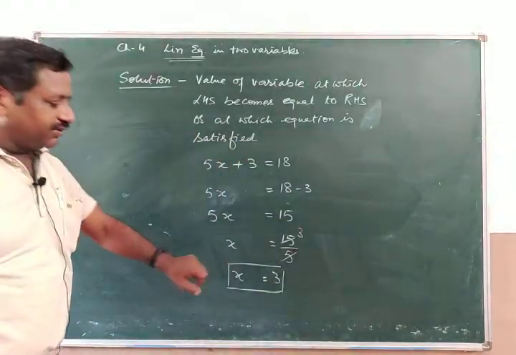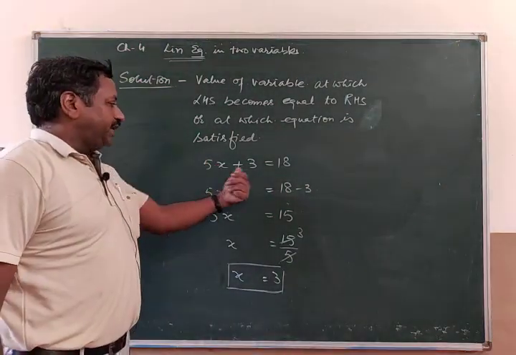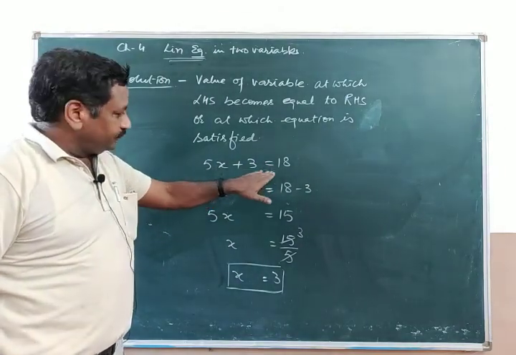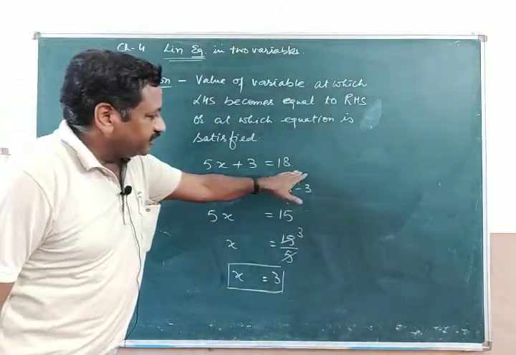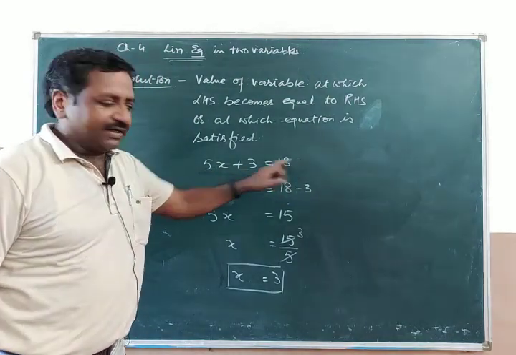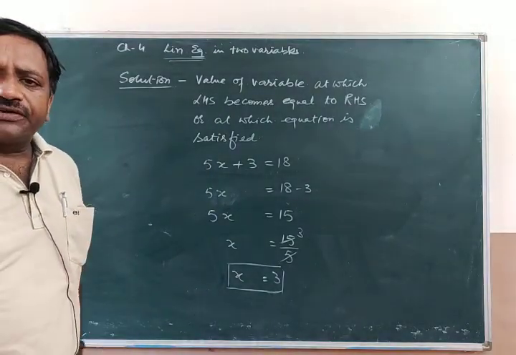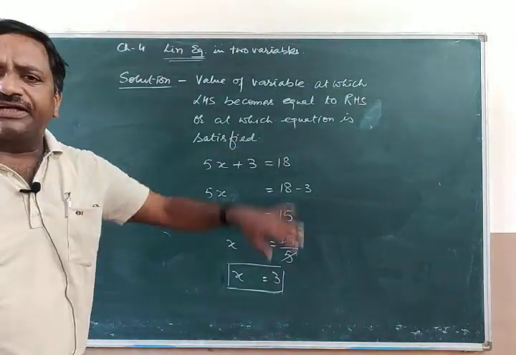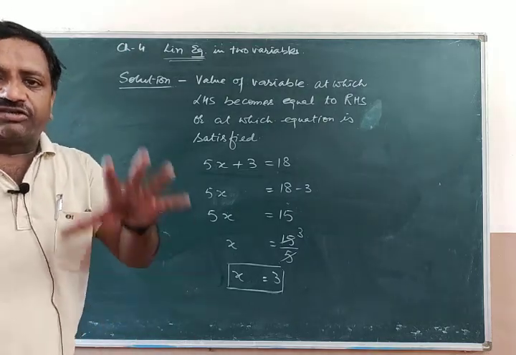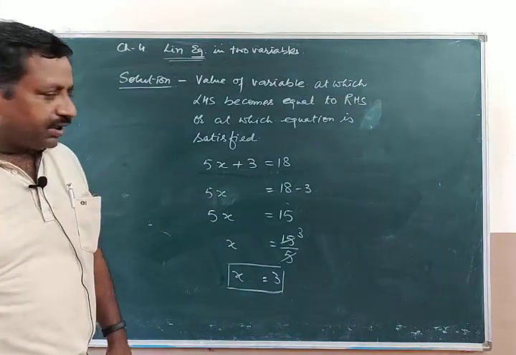It is the solution because if I put x equal to 3 in the left hand side, you will see that my left hand side and right hand side both are equal. That means the equation is satisfied.